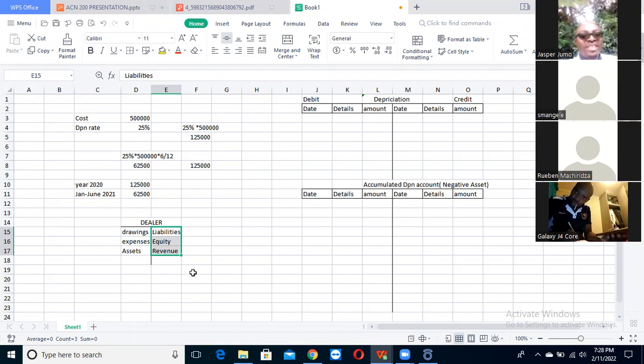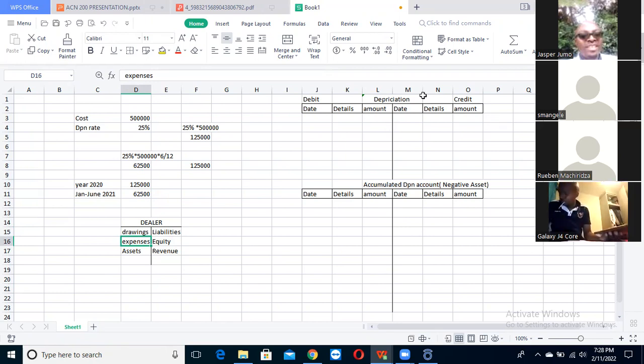I assume you were taught these things in your previous semester. So what is depreciation? Depreciation is an expense as we are reducing the value of an asset.